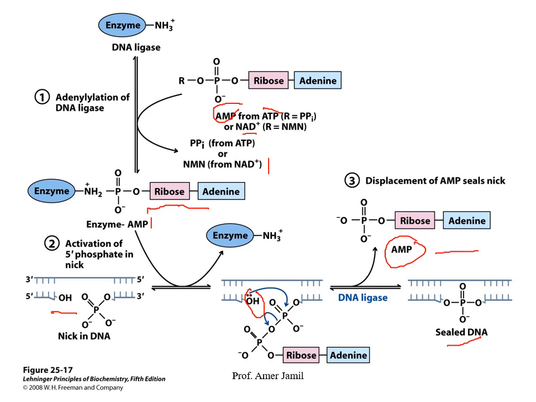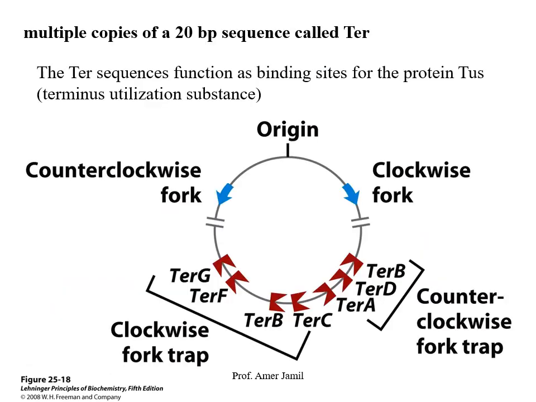So what is going on overall is that DNA ligase is first activated by the addition of AMP, which helps in the formation of this phosphodiester linkage present at the nick, and AMP is released. So this is a completion of DNA polymerase activity over there.